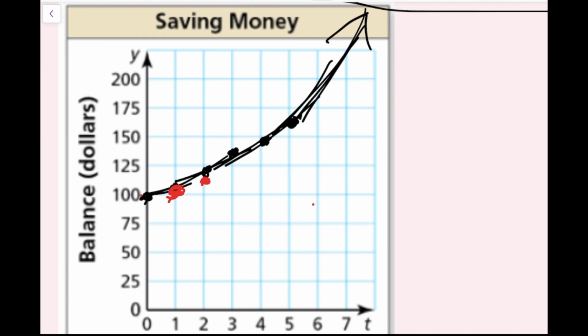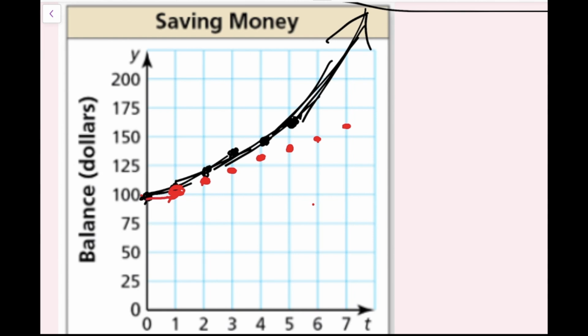Then I have 3, 120, which will be something like this. Then I have 4, 127. Then I have 5, 135-ish. Then I have 6, 143. And then 7, which goes with 152.